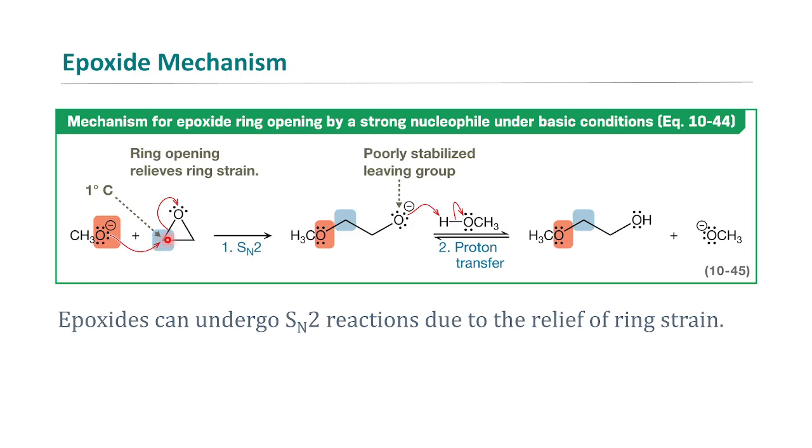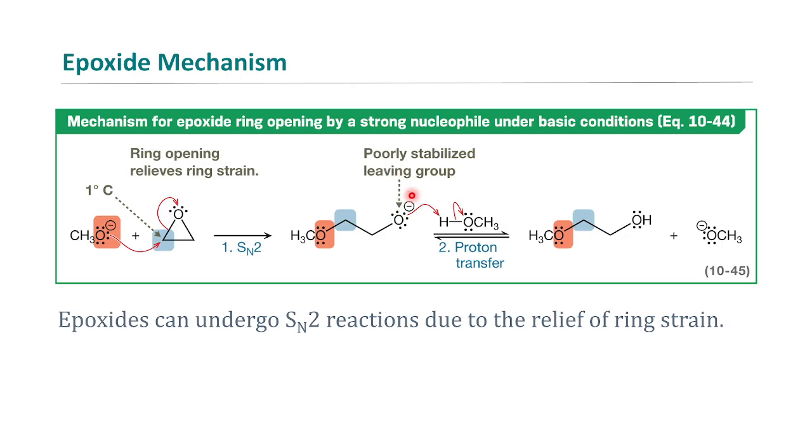It's going to attack this one right here, which is that primary carbon, first. Okay, and then we get the SN2 reaction. This is going to give us this right here, which is that methoxy group. And then we're going to have the alkoxide on the other side.